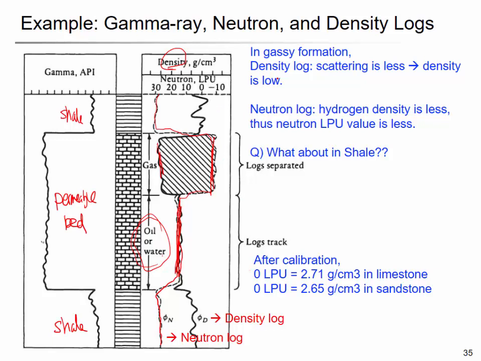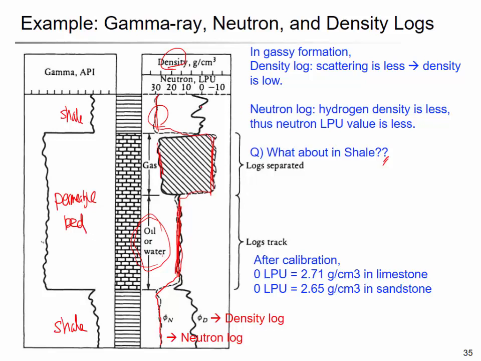What about in shale? In shale, it's reverse, right? So the neutron log gives you low density, and the density log gives the high density. Why does this give you the low density? The neutron log measures the hydrogen, right?